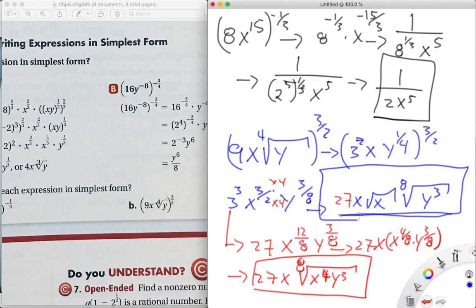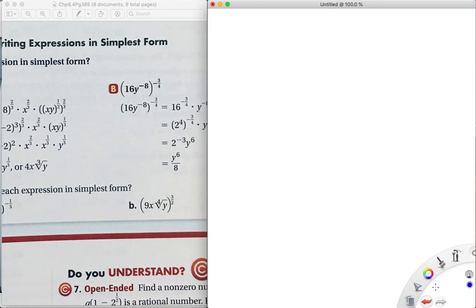For the sake of simplifying it under one radical, I can understand that. But to note, if you have an improper fraction, so a to the 5/3, that's the same thing as saying a to the 3/3 times a to the 2/3.